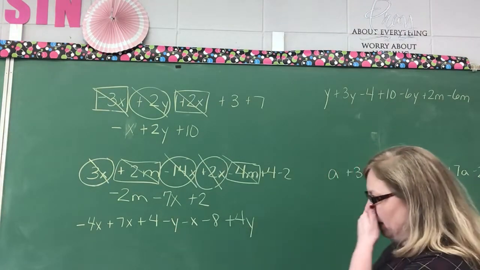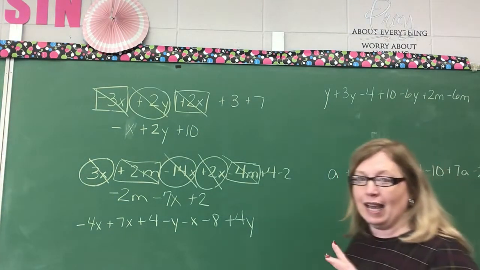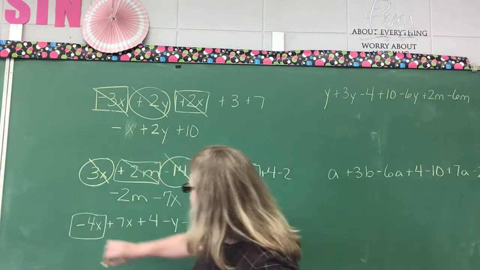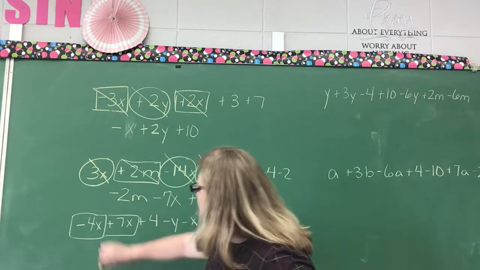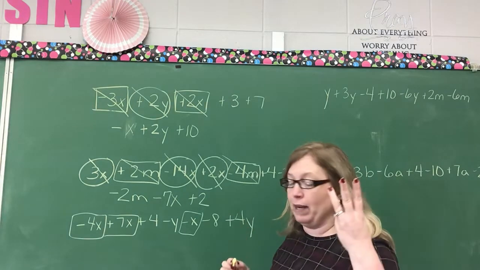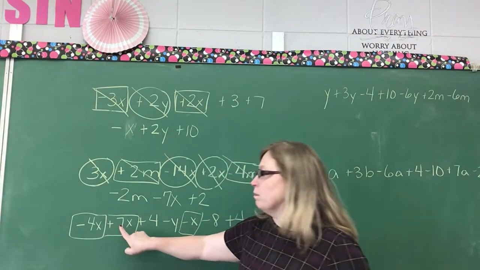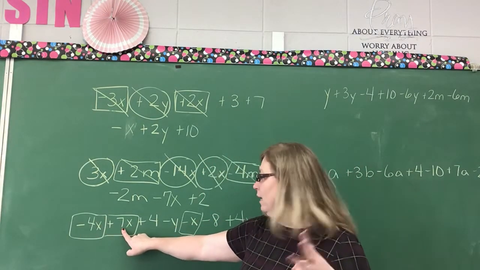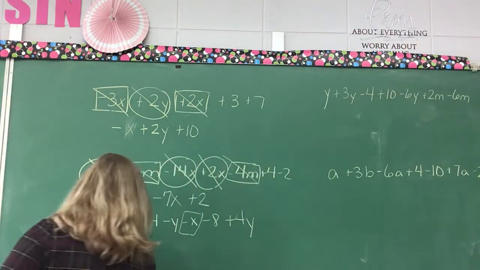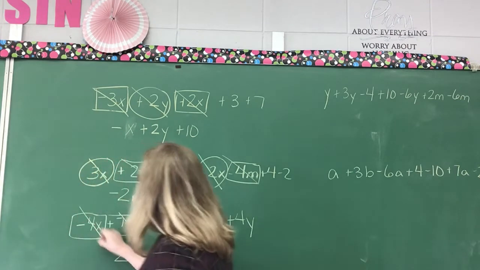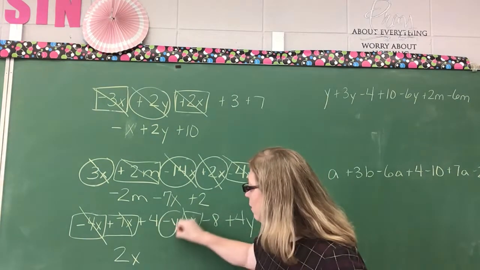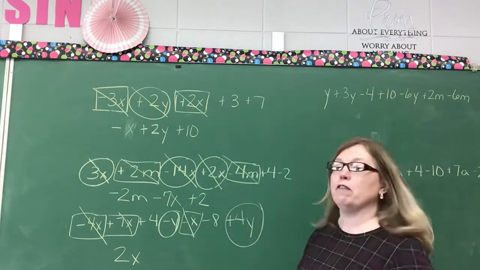Look at this next one. We have x's, y's, and constants. So let's do the x's first. We have negative 4x. We have positive 7x. We have a negative x. That's what we have, 3 of them. So negative 4 plus 7 is 3. And 3 plus a negative 1 is 2. So we have 2x. And again, marking those out because I've used them. Now we have a negative y and a positive 4y.